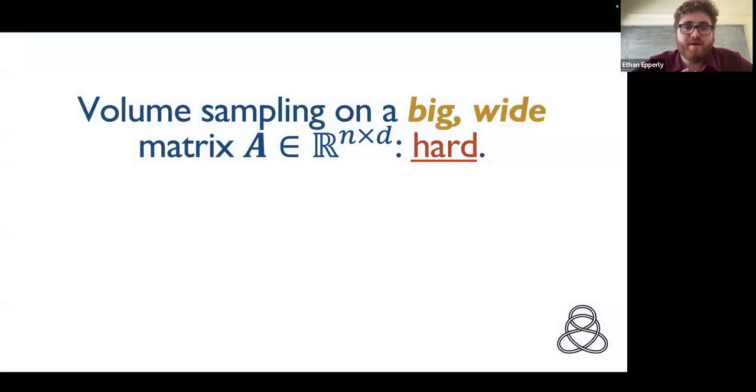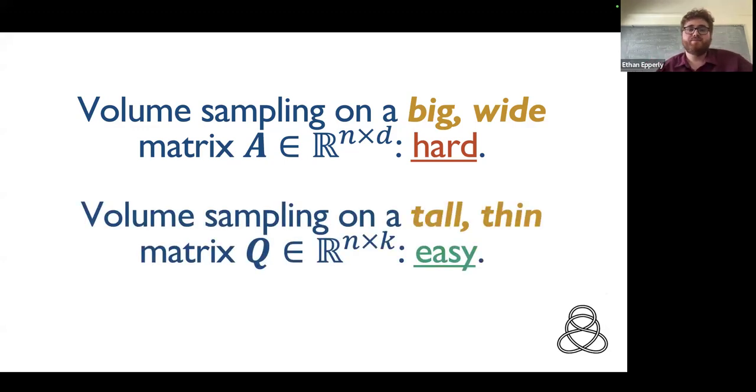So let me start off by heading off a possible point of concern or a misconception. I began the talk by telling you that volume sampling is very computationally expensive, and this is true. If I have a big data matrix that's wide, it's pretty hard to do volume sampling on A. But in this case, we want to do volume sampling on a tall, thin matrix Q. And this is actually a pretty easy problem.